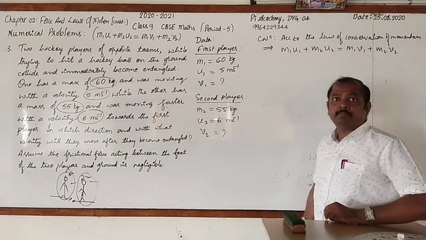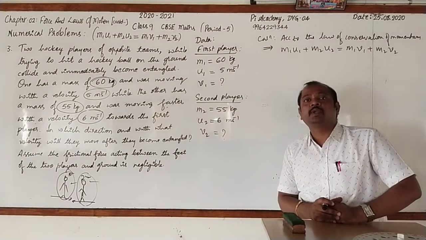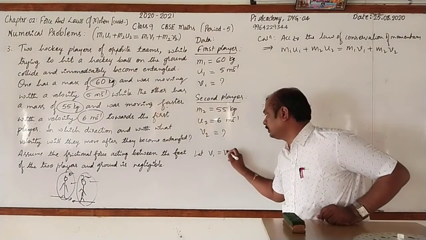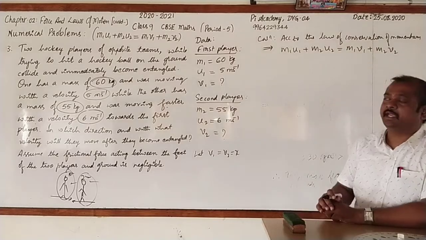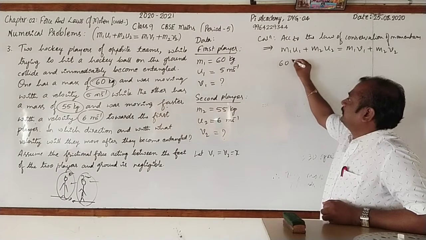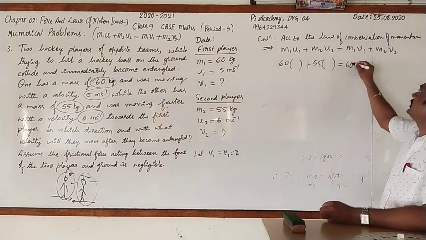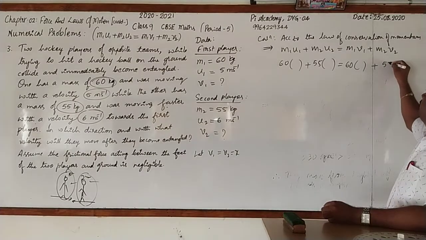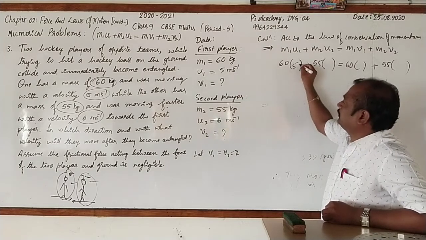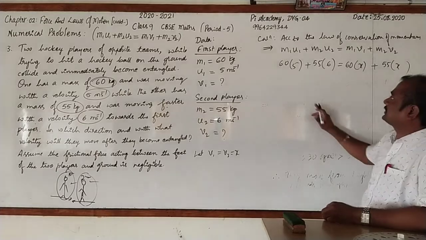And one more important thing you must remember here: as they move together after entangling, therefore v1 is equal to v2. You may call this x. First you substitute m1 and m2, 60 and 55. Then u1 and u2, 5 and 6. v1 and v2 is x.